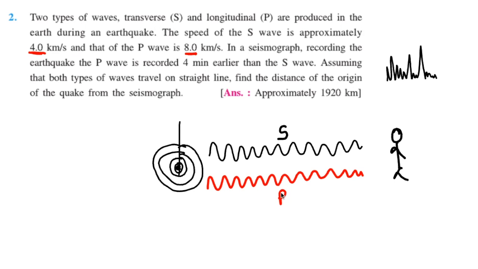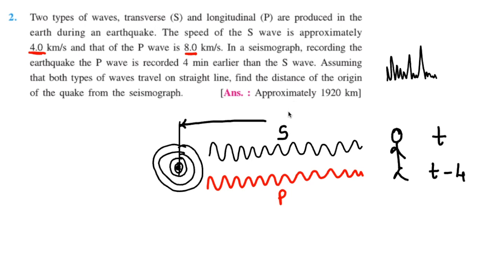So if we talk in terms of time, suppose S wave takes t time to reach over here, then P wave will take less time, but how much less? It was recorded 4 minutes earlier. That means it is taking t minus 4 minutes. Hope you are clear with the timing, and the distance that they are covering is the same.